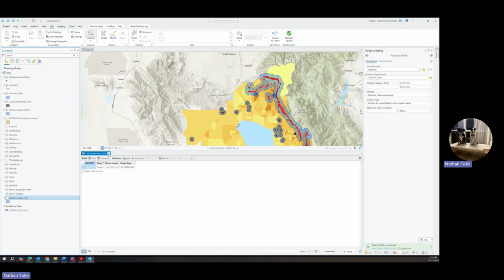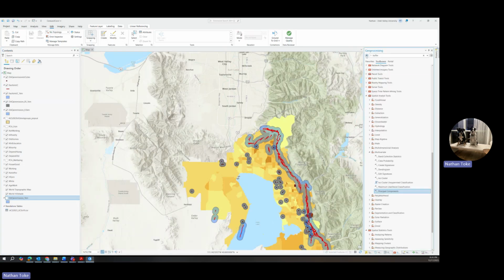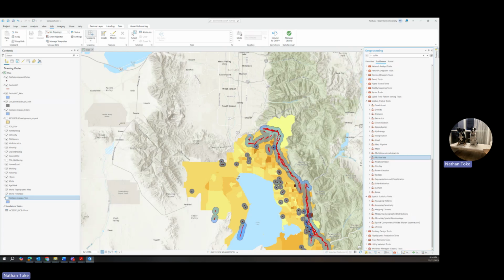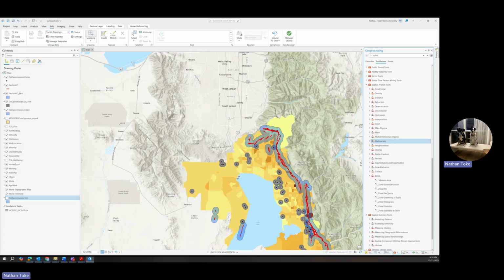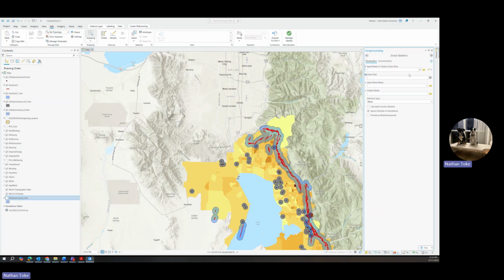And so the way to do this is to go into zonal statistics. So the input raster or feature zone data that we are going to go after, right? So if we wanted to go to the PCA, what's wrong with that?